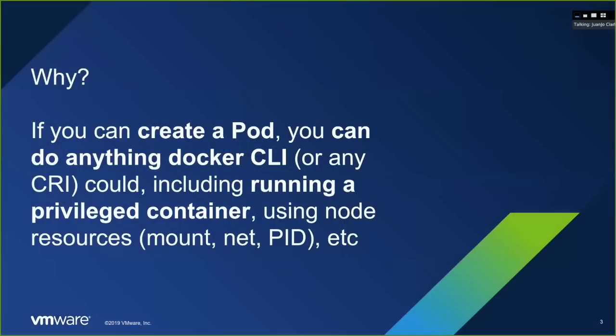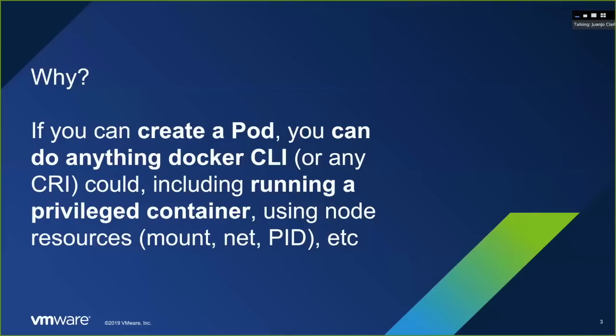The main thing behind this, if you can recall what you can do with the Docker CLI, you may recall that you can do something like docker --privileged and then run a container that has access to the node devices, or if you do -v, be able to mount any path into your container, or if you do --net=host, be able to use essentially the same networking as the node where your container will be running instead of its own namespace.